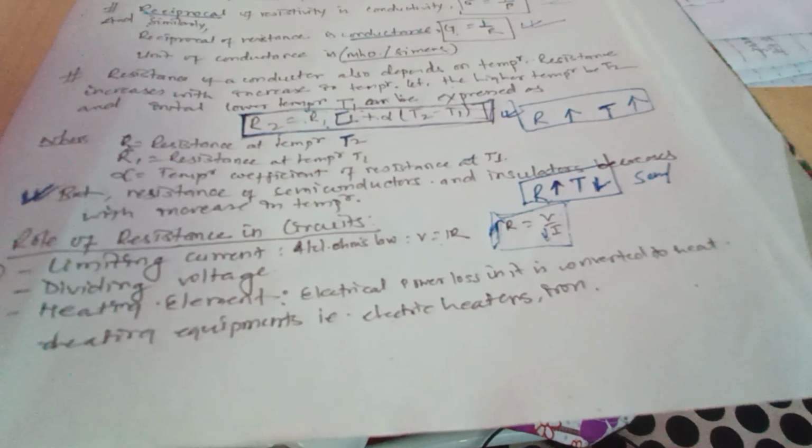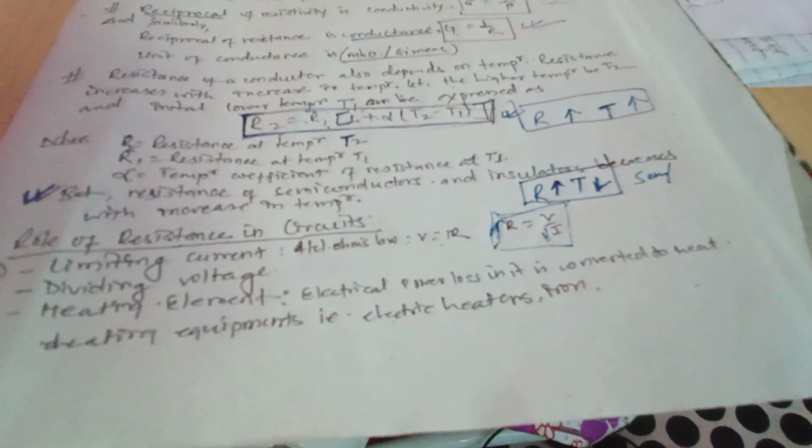The last one is the heating element. Applications such as the electric heater and iron are all heating elements that work on the fundamental principle of resistance.